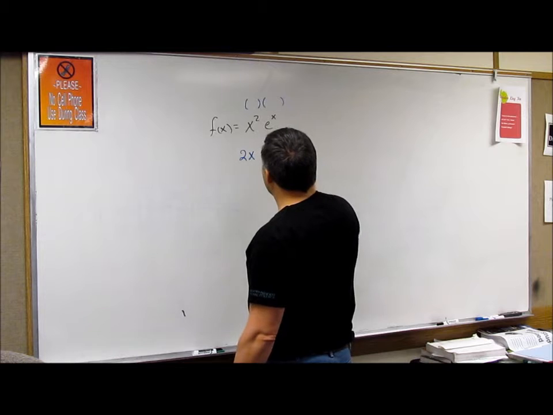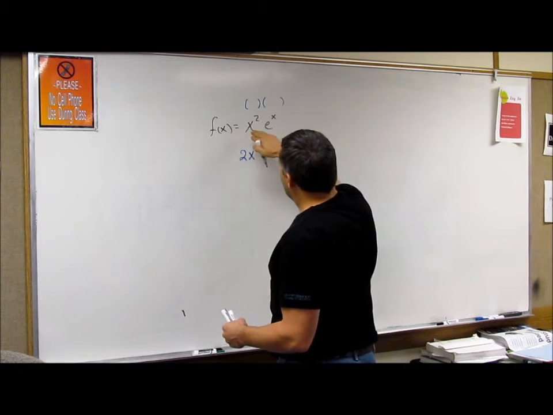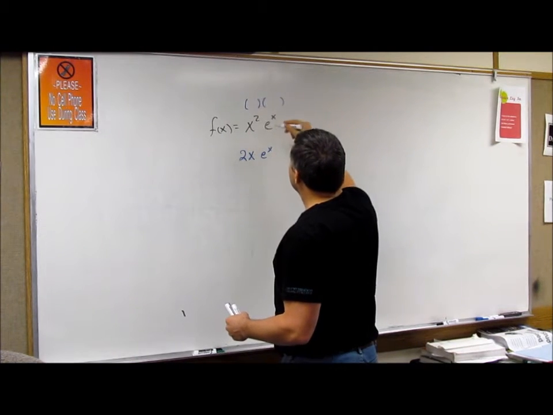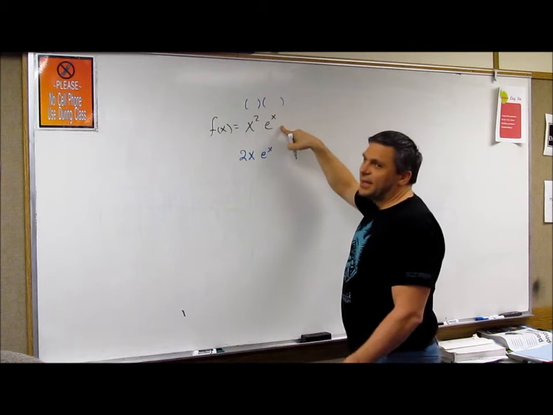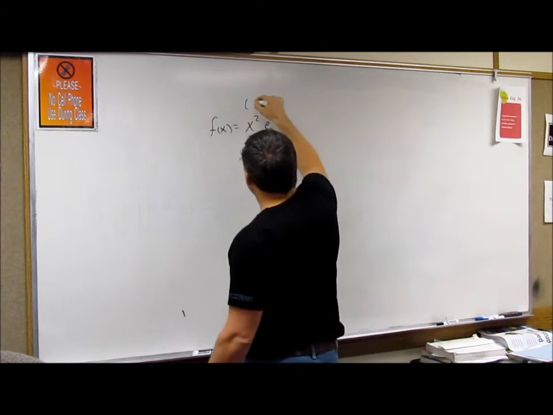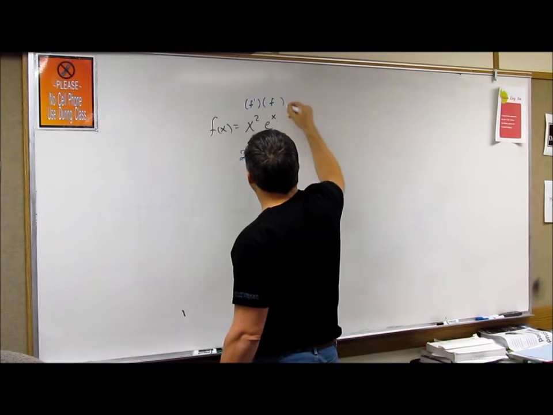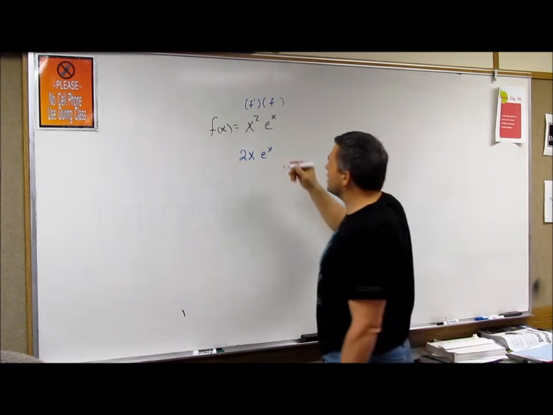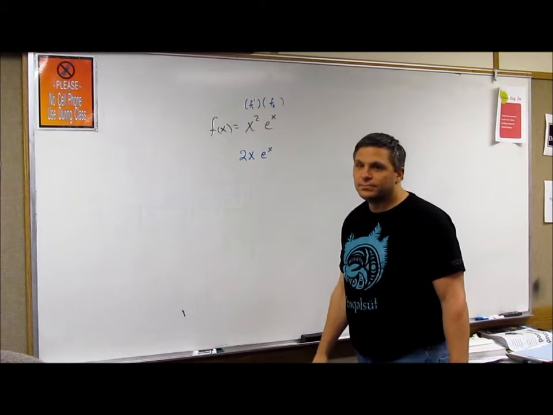So e to the x. Okay? So it's just the derivative of the first one times the second function. So it's actually the first derivative times the first function, or the second, so function 1, function 2, all right?